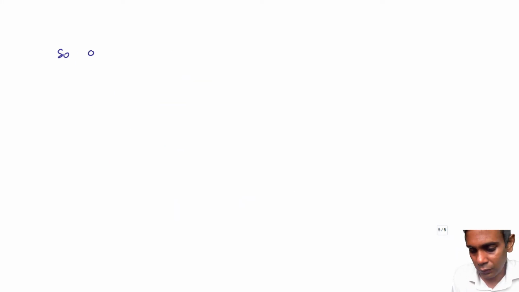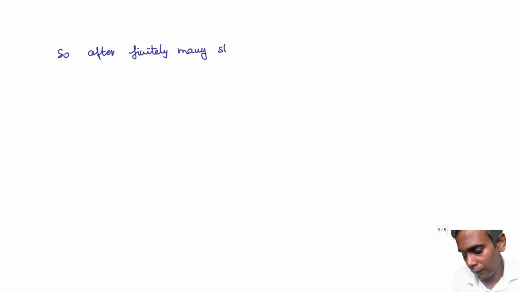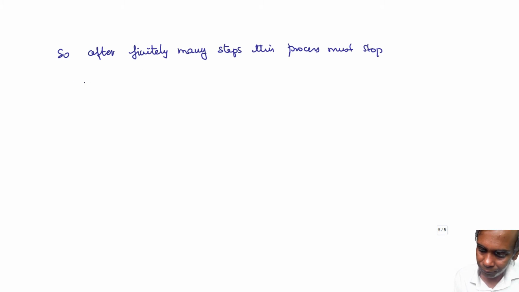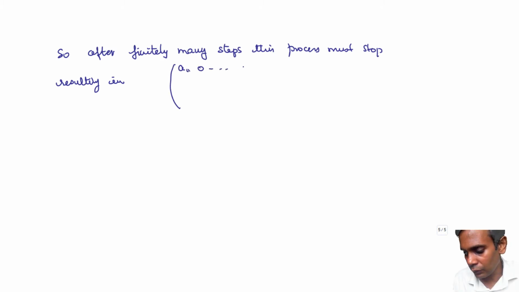So after finitely many steps, this process must stop, resulting in something like this: A11, 0, 0, 0, and whatever over here.